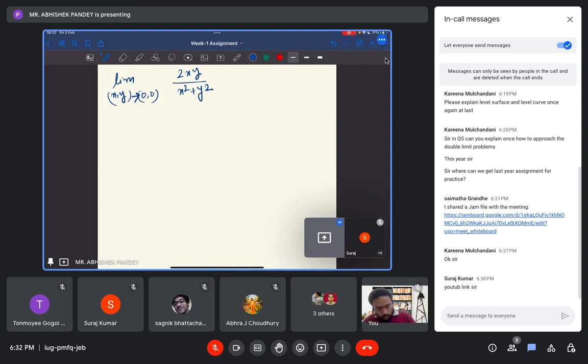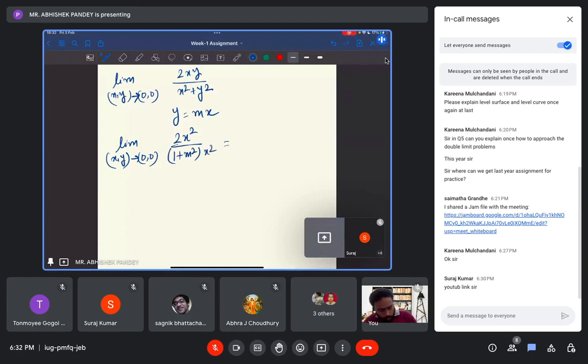Once you see the function, it is easy to observe what kind of path we should take. So let us take y equals mx. Limit x comma y tends to 0 comma 0 will be 2x square upon 1 plus m square into x square.